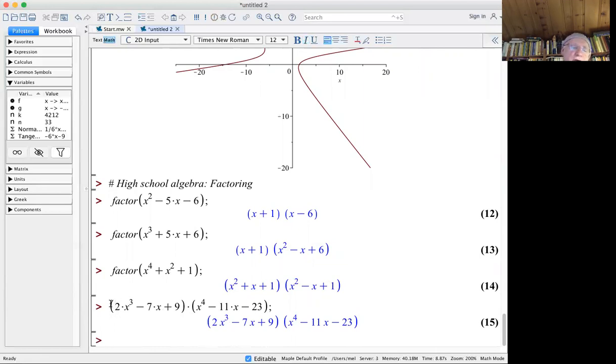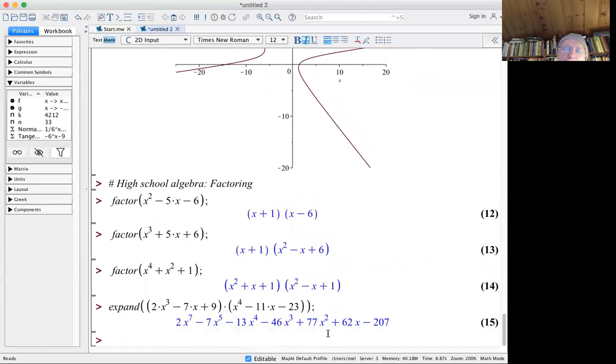But there's a command which I think works, which is expand. So to expand this, you put what you want to multiply together inside the parentheses. There it is. It does multiply the polynomial. So the command to factor polynomials is factor. The command to multiply out polynomials is expand.